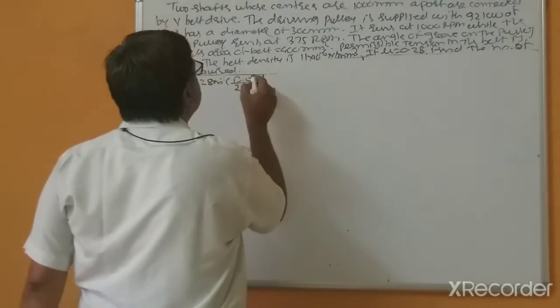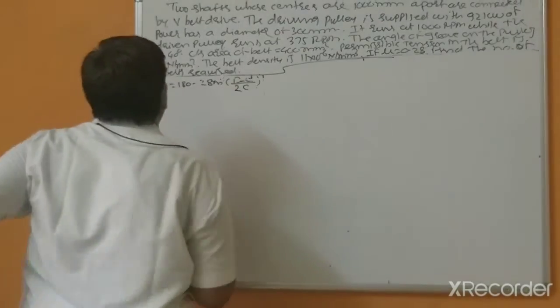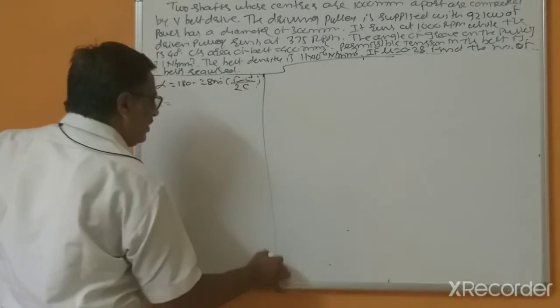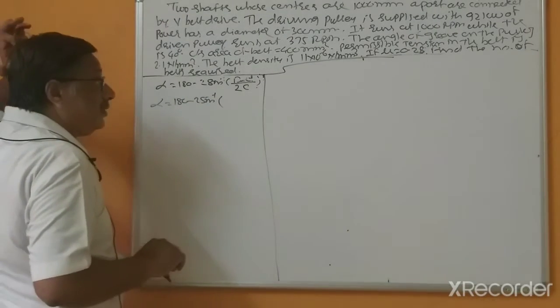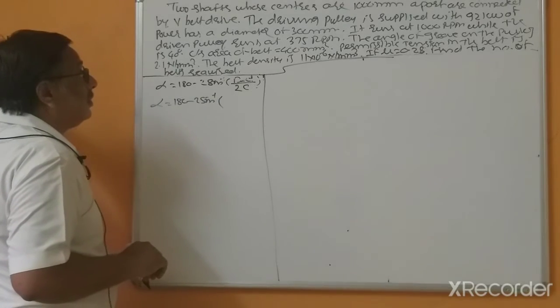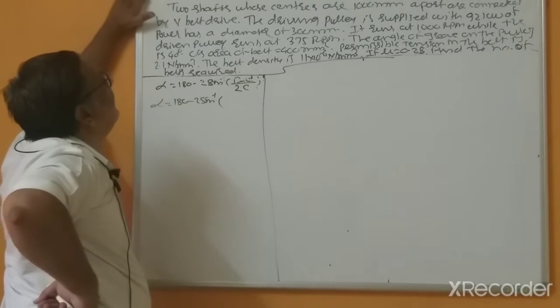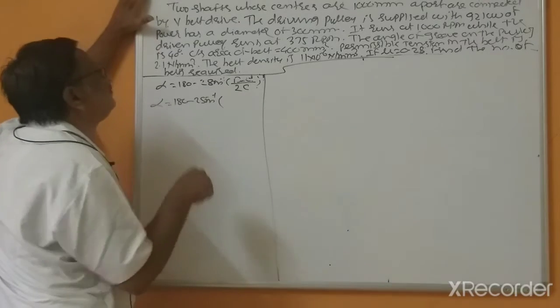Such types of problems may be asked during the examination. So first we will calculate the wrap angle. Wrap angle alpha equal to 180 minus 2 sine inverse of (capital D minus small d) divided by 2C.